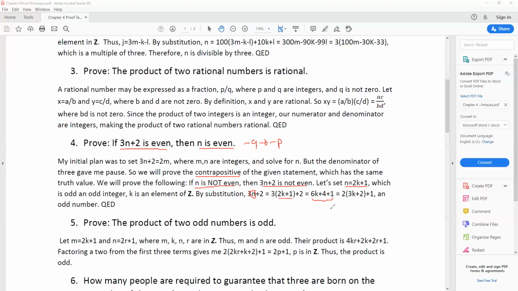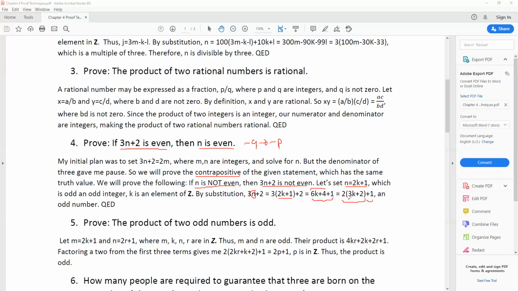Little trick here. Instead of writing 6k plus 5, I broke it down to 6k plus 4 plus 1 so that I could factor a 2 out of the first two terms. That gives me 2 times the quantity 3k plus 2, and then I just tacked my plus 1 on the end.